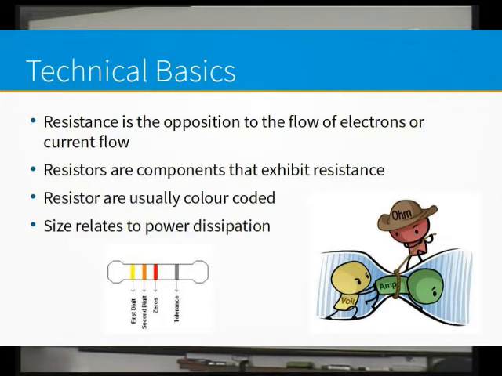So what it does is convert it to heat. In certain situations you need bigger resistors that get hotter, and so size actually relates to the amount of heat or power dissipation that they can take.